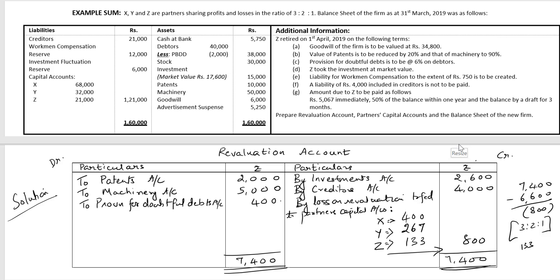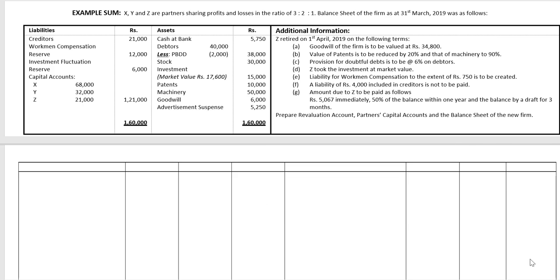Next, let's go ahead with the partners' capital accounts. Particulars: left side debit, right side credit.